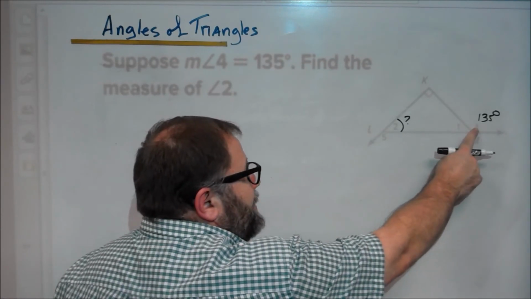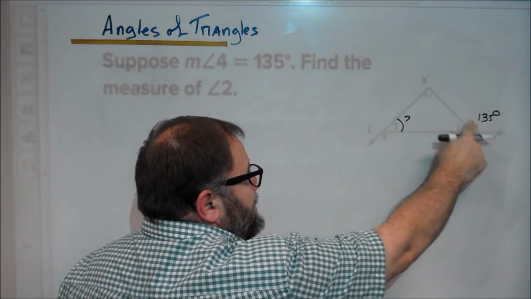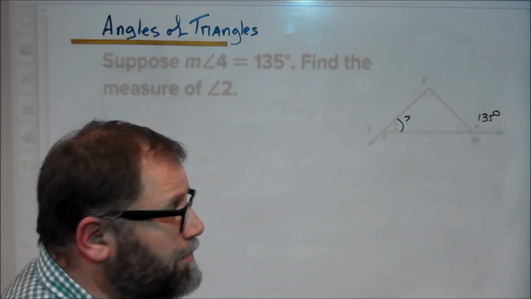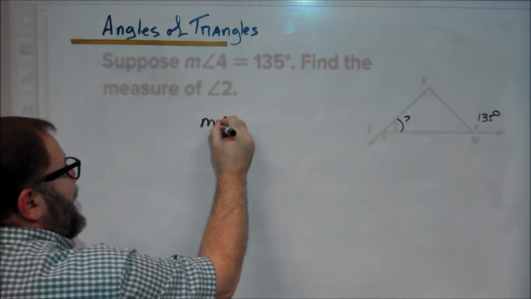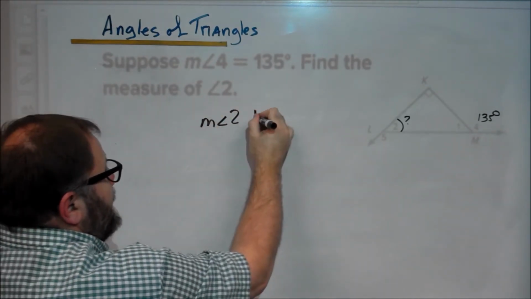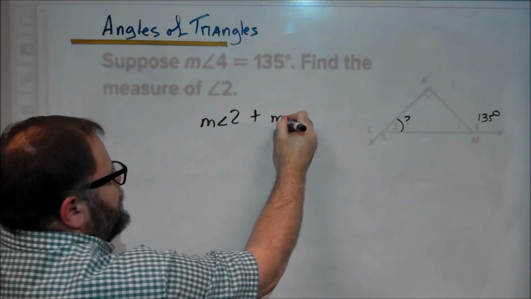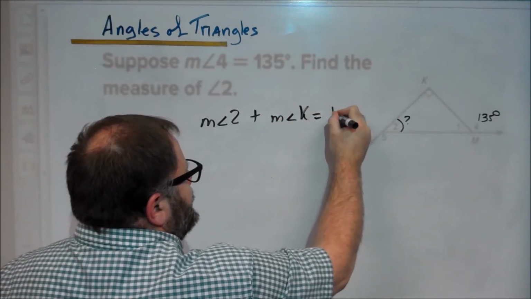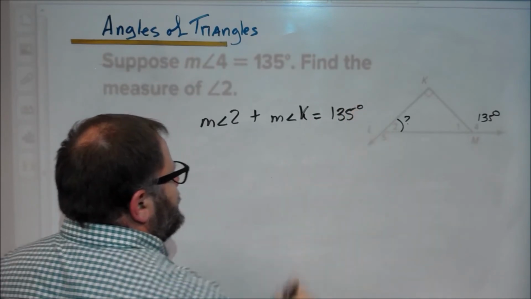Those remote interior angles are the ones that are not adjacent to this, so they're opposite this. So I don't know this one for sure, so that's a mystery. So I have the measure of angle 2 plus the measure of angle K equals 135 degrees.